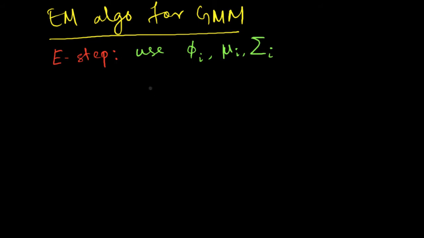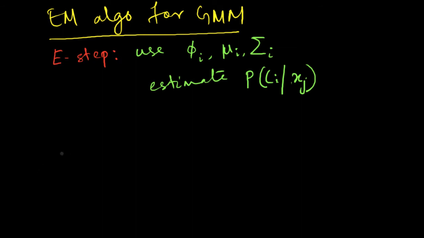Using these values, you estimate the probability of Ci given xj. What does this mean? It means that for each given data point, you find the probability of the class that it may belong to. Here I takes k different values, so for each data point you compute k different probabilities using these values.